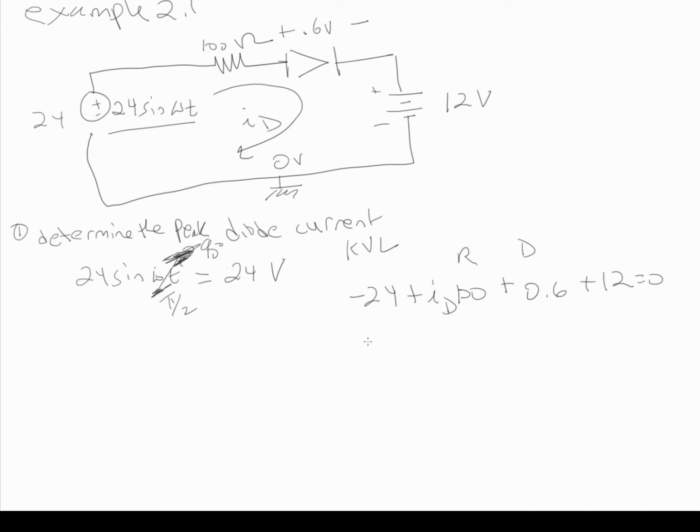And then we just solve for ID, which is going to be equal to, we move everything to the other side, so we've got plus 24 minus 0.6 minus 12, and we divide that all by 100.